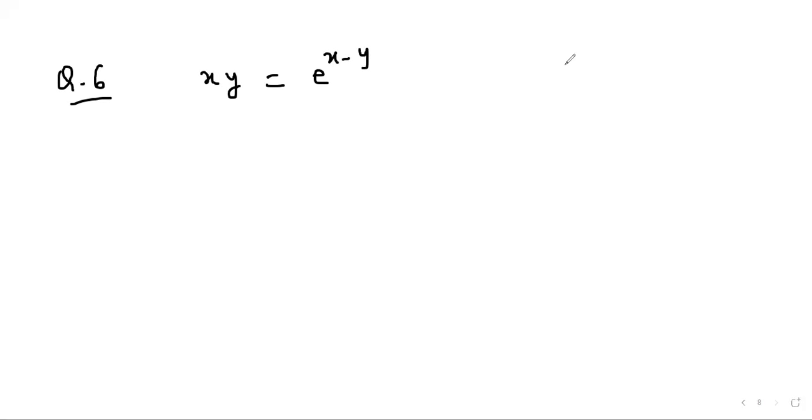If we take log, before that, let's see one property. Log e power x becomes x. Log e power block will become block.